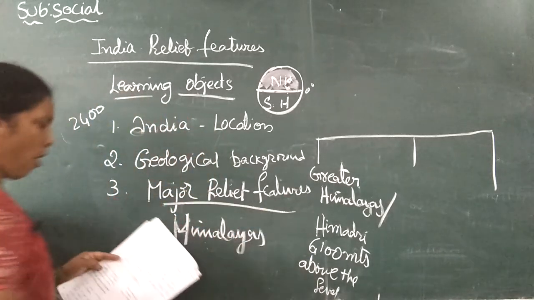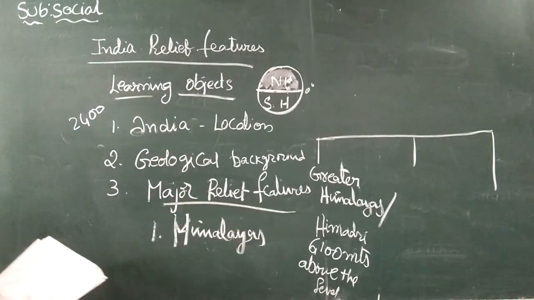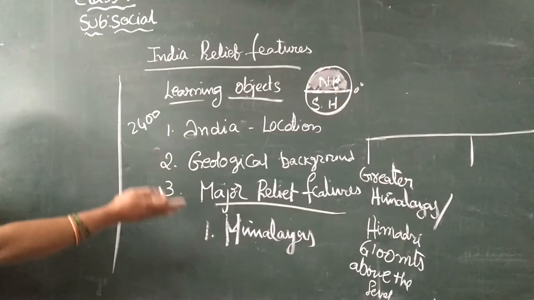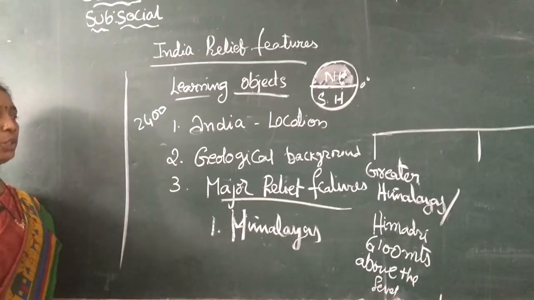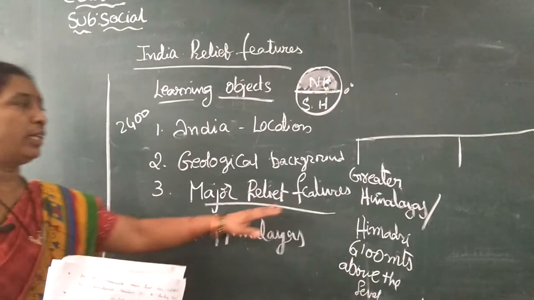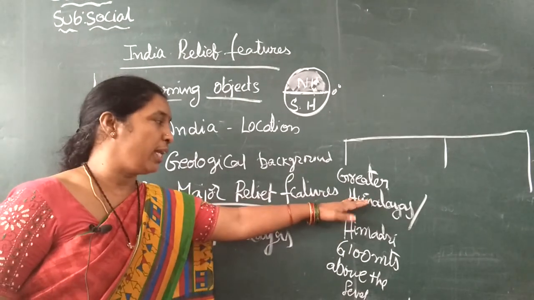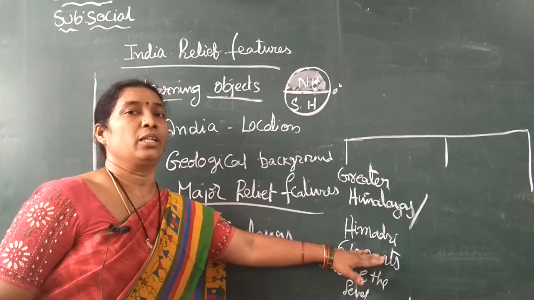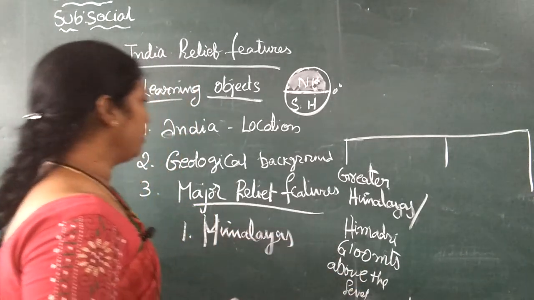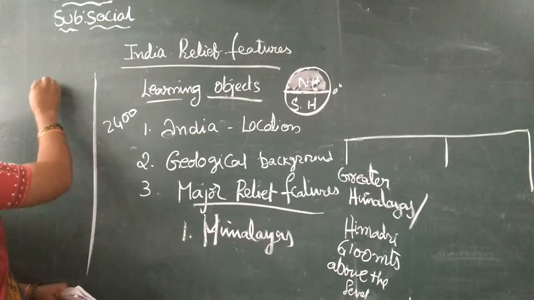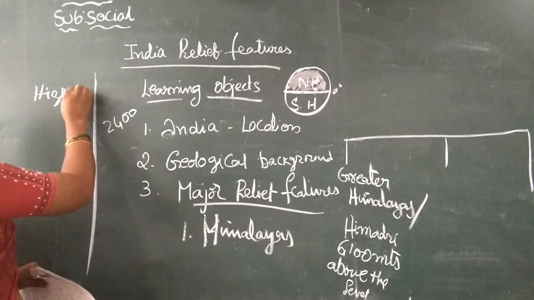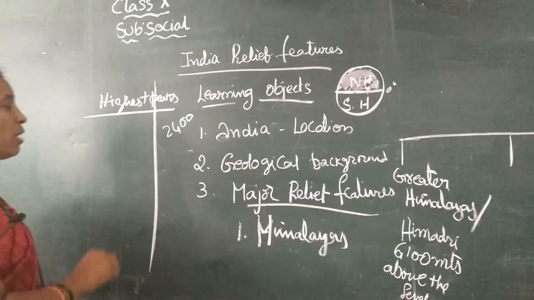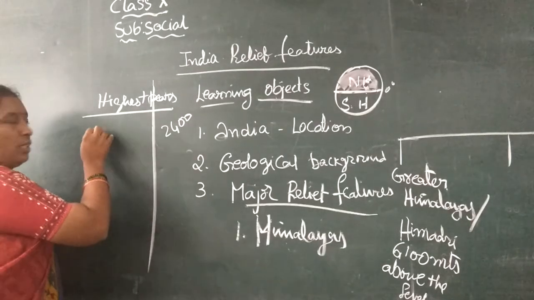In the Greater Himalayas there are three important points. We can call it Himadri or Greater Himalayas, it has elevations of 6,100 meters above sea level, and third, there are the highest peaks in these northern Himalayas. What are the highest peaks?